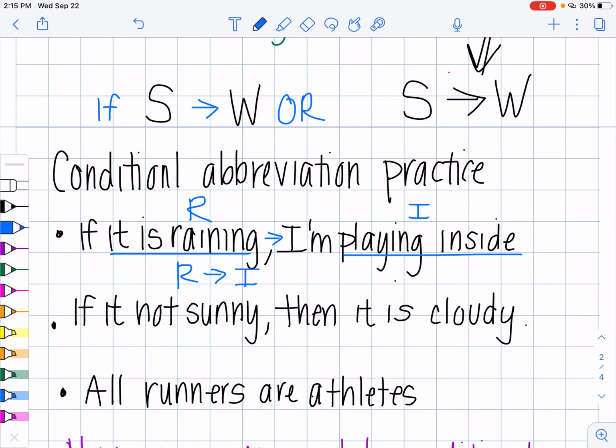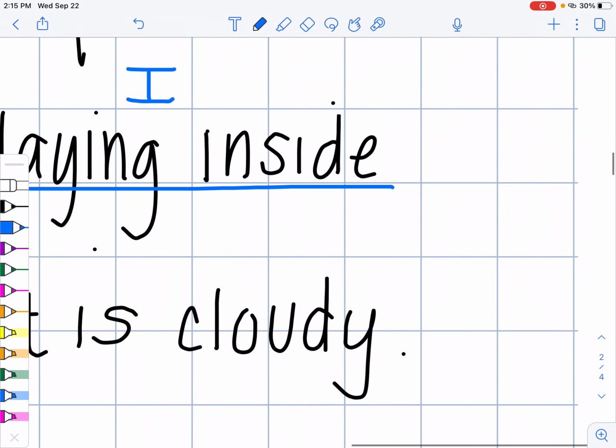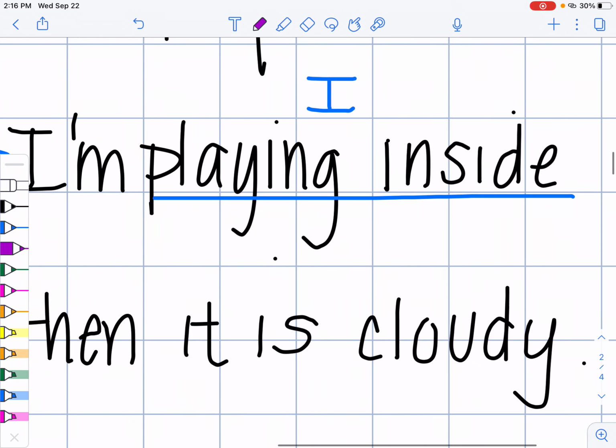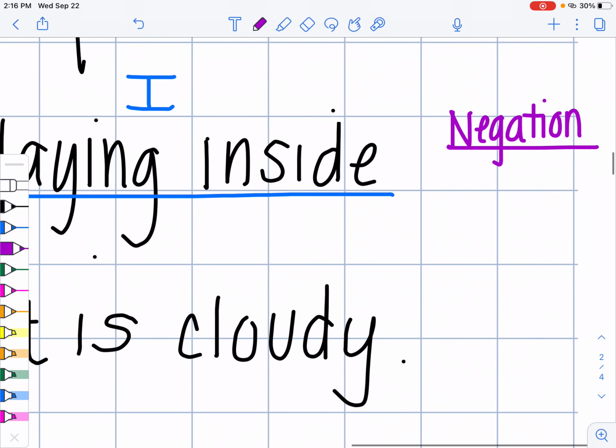Okay, now the next thing I'm going to introduce to you is something that's called a negation. I'm going to put this over here to the side. Okay, a negation, I want you to think of as a negative. So a negation is the opposite of the sentence of your hypothesis or your conclusion. So if we take, for example, this, I'm playing inside, or I am playing inside.